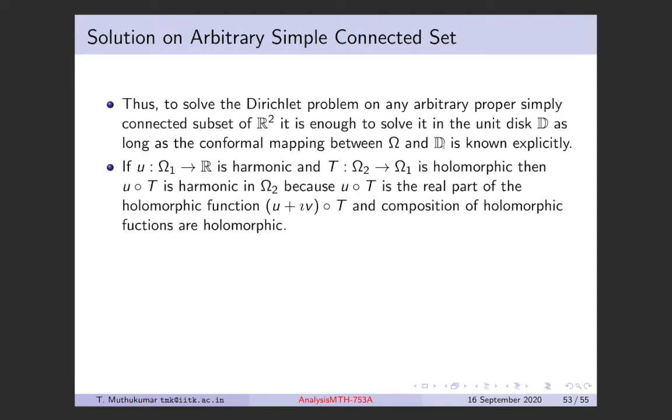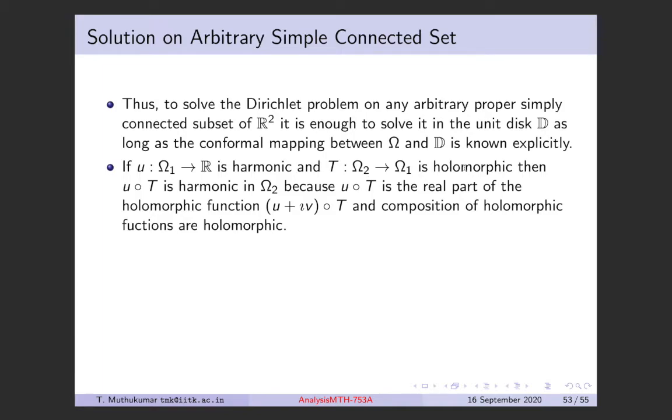Only then have you solved it in omega. So let's say u is a harmonic function on omega 1, which you can think of as your unit disk D, and T is a holomorphic function from omega 2 to omega 1, where omega 1 is your D and omega 2 is any arbitrary omega.